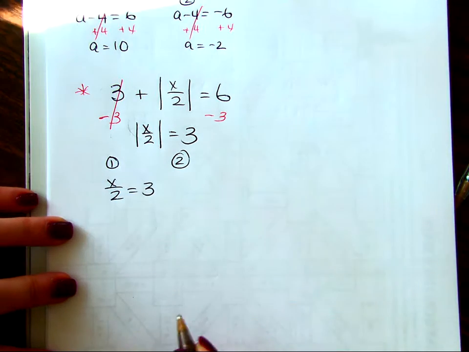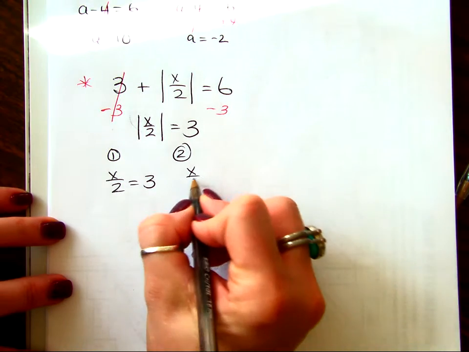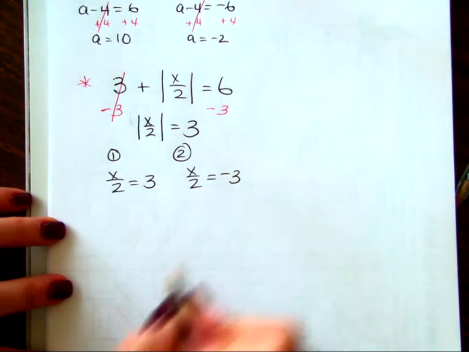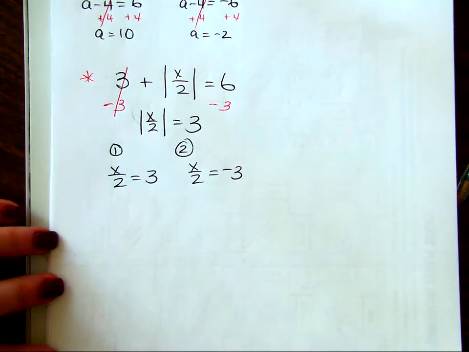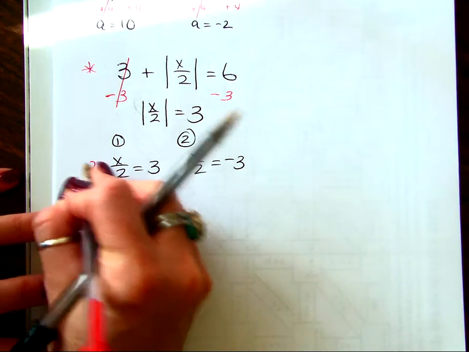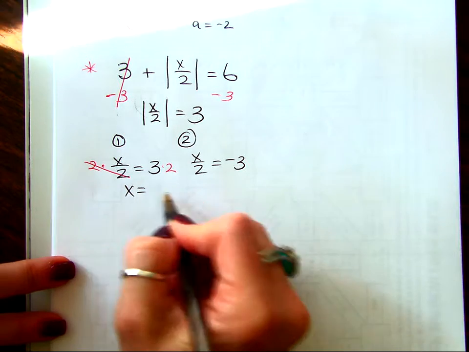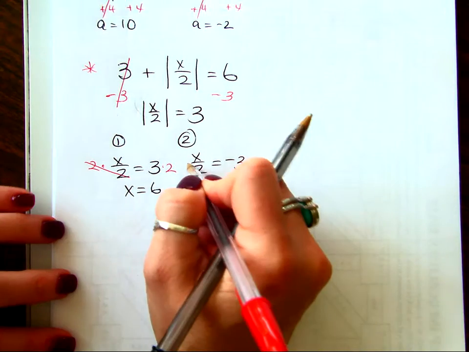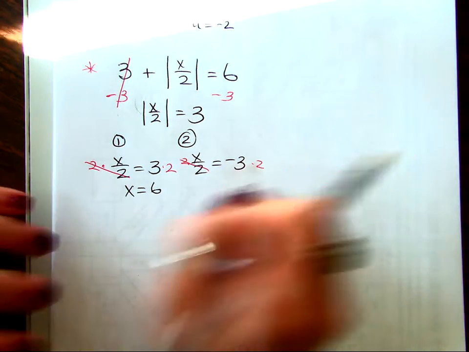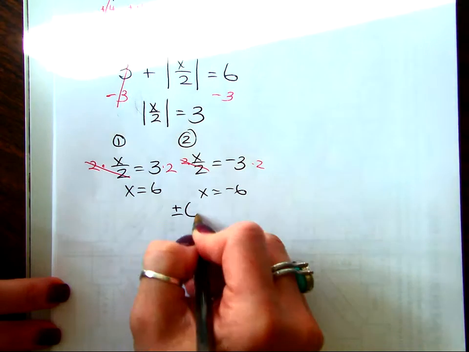So x over 2 could be equal to a positive 3, and x divided by 2 could be equal to a negative 3. And those solutions will be your two answers. So we're going to multiply both sides by 2 and say that x could be a positive 6, or x could be a negative 6, which you could write like that.